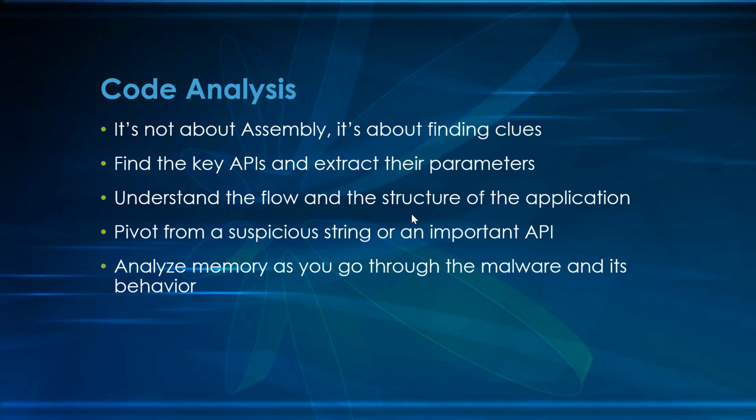We can see the part where he decrypts the attacker's responses, where he sends requests, when he sends responses, and so on. So we can understand so much just by pivoting with one suspicious question that we have about this API or this suspicious string, and we can understand the code around that area.